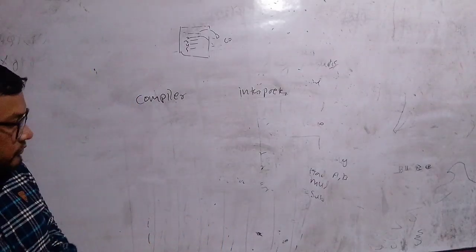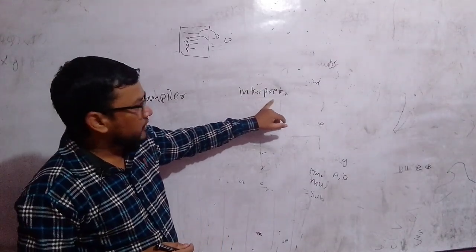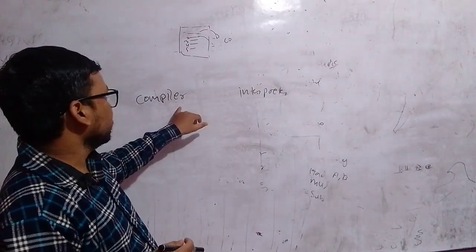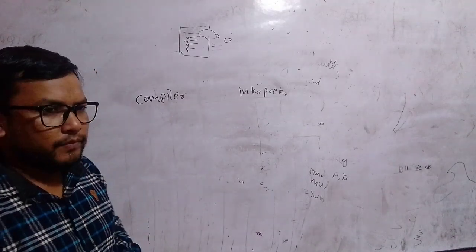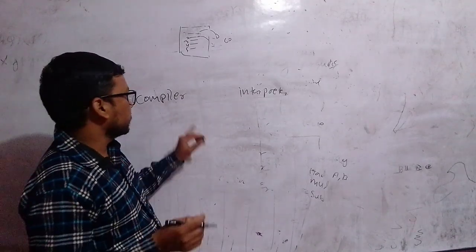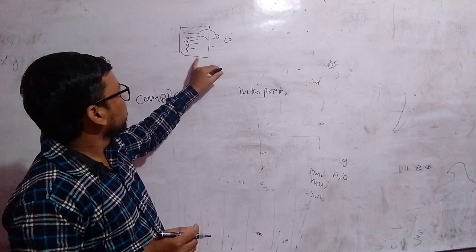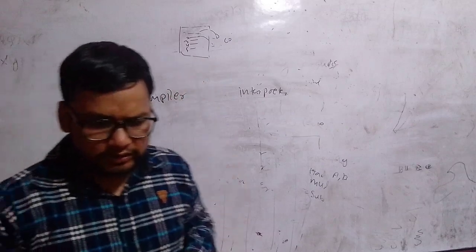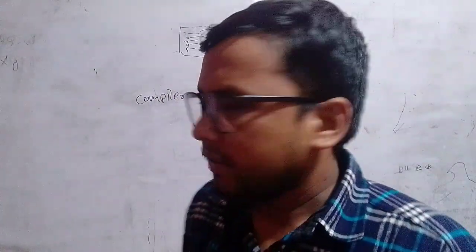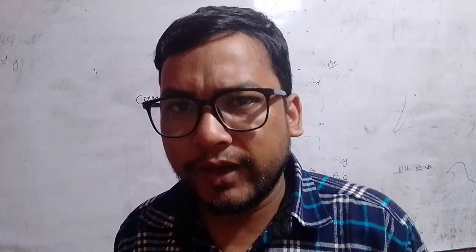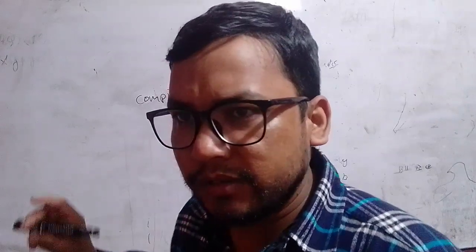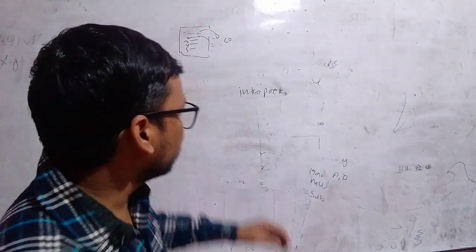Now the interpreter is fast compared to the compiler for a single operation. The compiler takes the whole file, scans it, finds the bugs, and will be busy converting it into the machine level language.